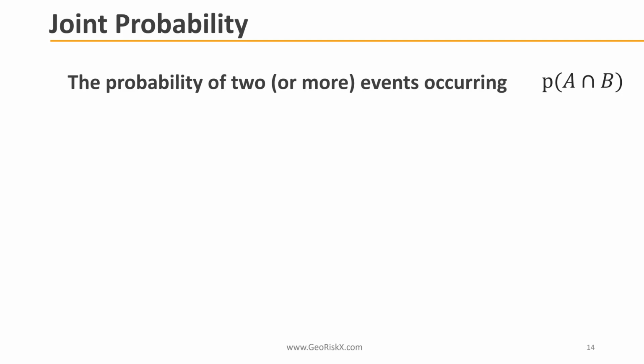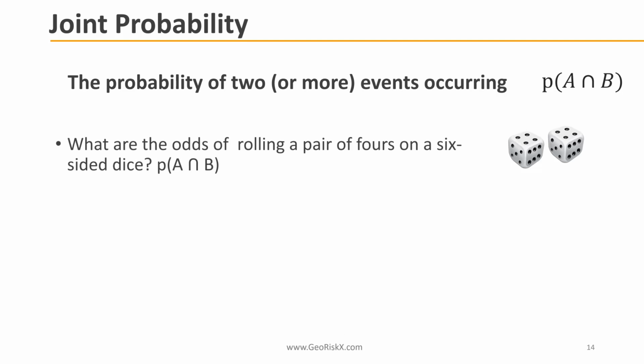So once again, let's go back to one of my favorite examples, which are dice. What's the probability of rolling a pair of fours on a six-sided dice? And this is using a simultaneous roll, so you're rolling both dice at once. When we think about this, the probability of the first dice being a 4 is 1 out of 6.